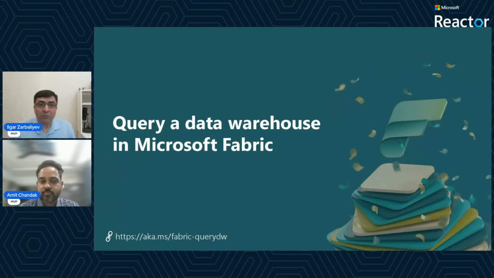Now, about querying a data warehouse in Microsoft Fabric. The process of querying a data warehouse is a key component of business intelligence. It involves the extraction and manipulation of the data stored in a data warehouse, allowing users to extract valuable insights from large volumes of data.